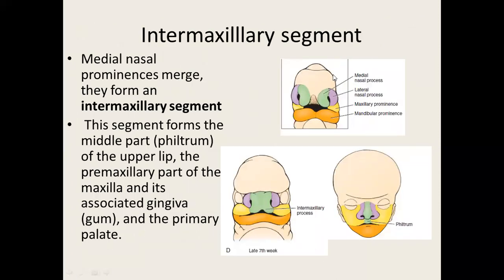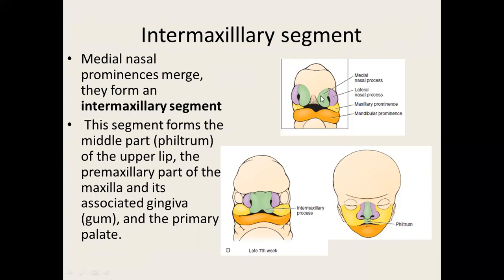Now is the formation of the intermaxillary segment, which is formed by the merging of the two median nasal prominences. Now this median nasal prominence will move towards each other because of the proliferation of the maxillary prominences.